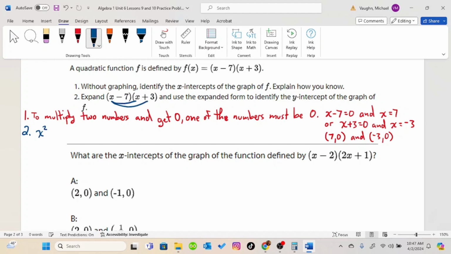X times 3 is 3x. -7 times x is minus 7x. And -7 times 3 is -21. Combine like terms, and we have x squared minus 4x minus 21.